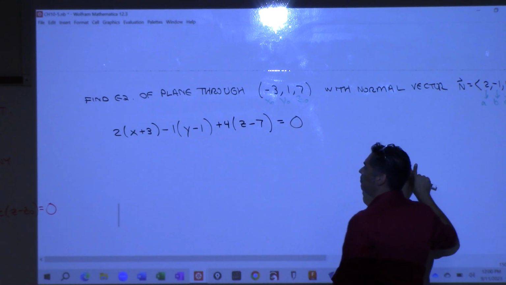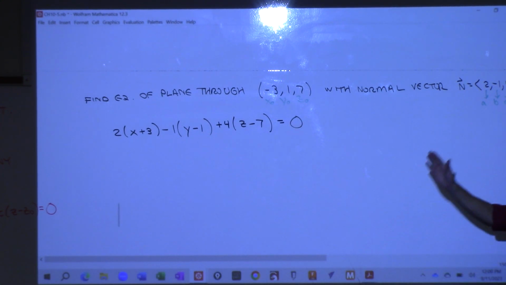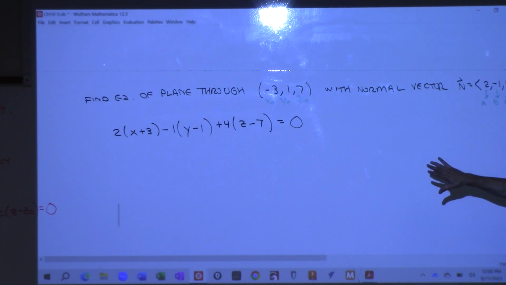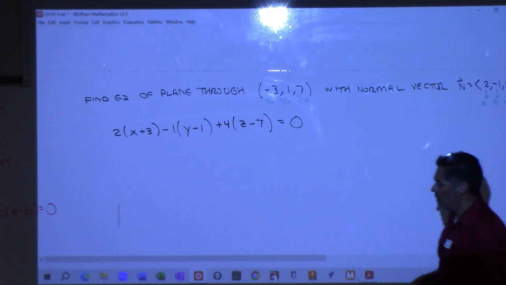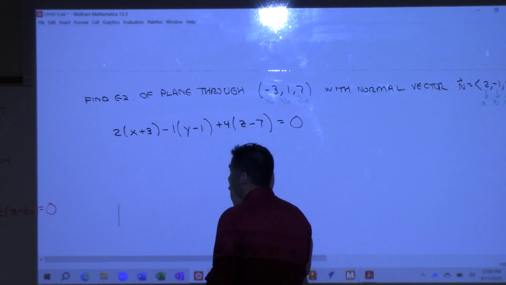Equals 0. That is the equation of that plane that goes through that point and has this as a normal vector. And that's fine. That answer is perfect. We can leave it like that. But to show what the previous note was saying, let's go ahead and distribute this 2 through.